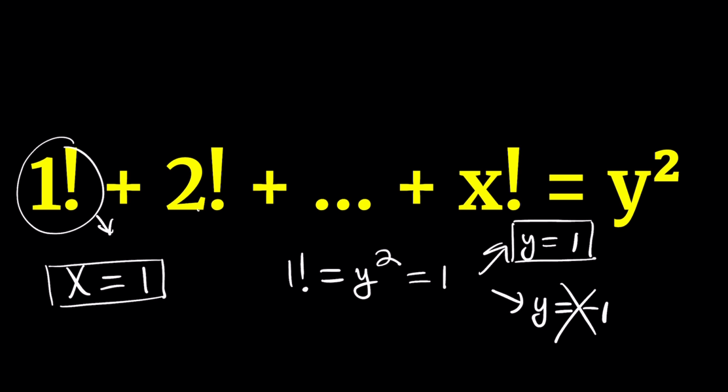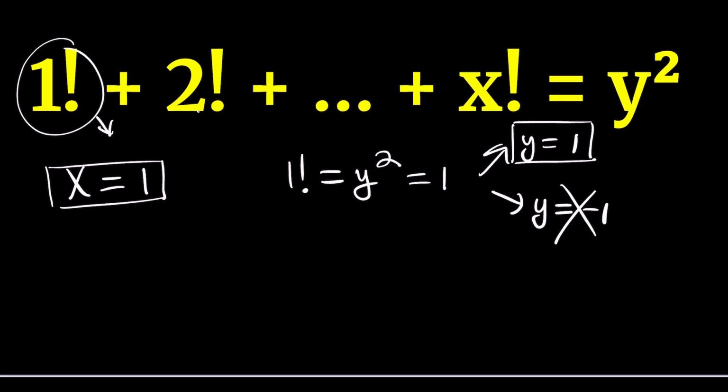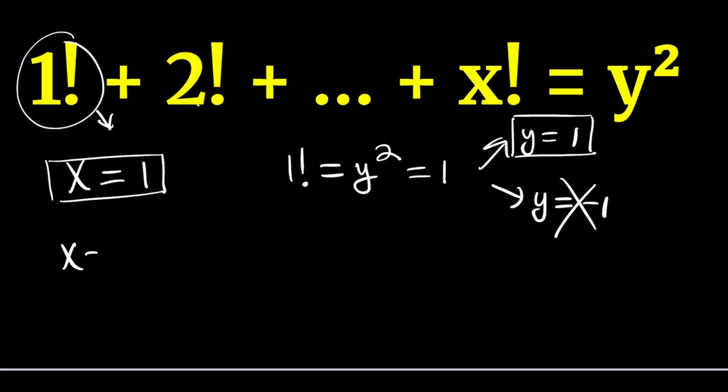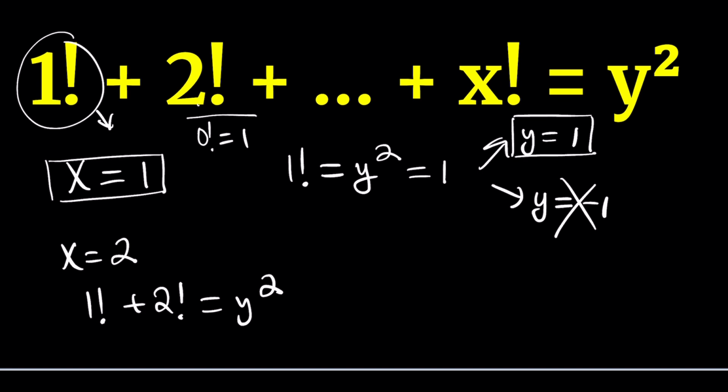So let's go ahead and test the second largest value, which is x equals 2. If x is equal to 2, then we get 1 factorial plus 2 factorial equals y squared. And as you should know, by the way, 0 factorial is not included here. But 0 factorial is equal to 1 as well. Some people say, how can this be 1? Well, think about it. You are arranging nothing.